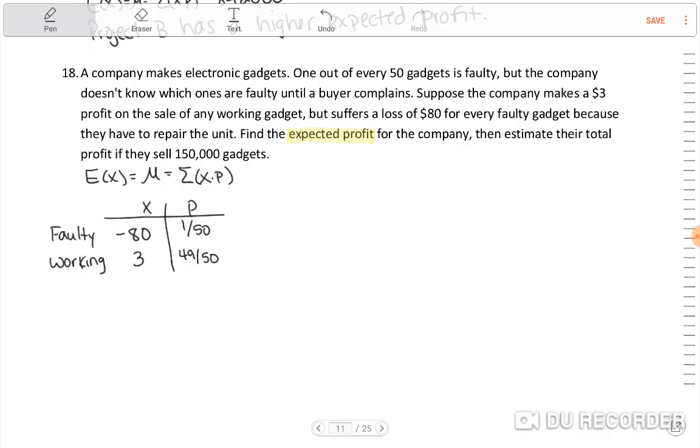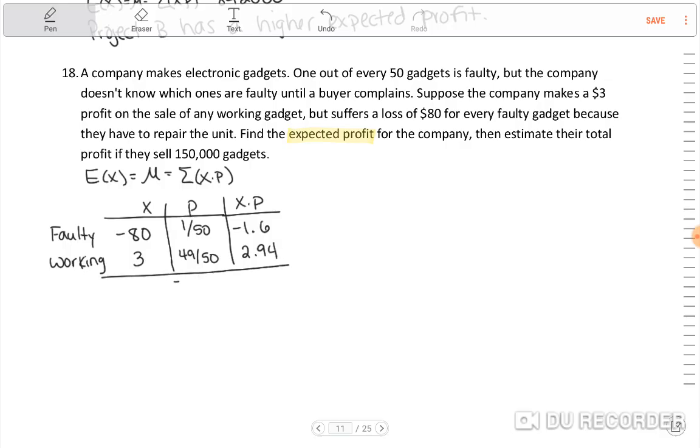Okay. And let's see. So find the expected profit. Okay, so we need to go over here and multiply x times p. Well, negative 80 times 1 over 50 is going to be negative 1.6. And 3 times 49 over 50 is going to be 2.94.